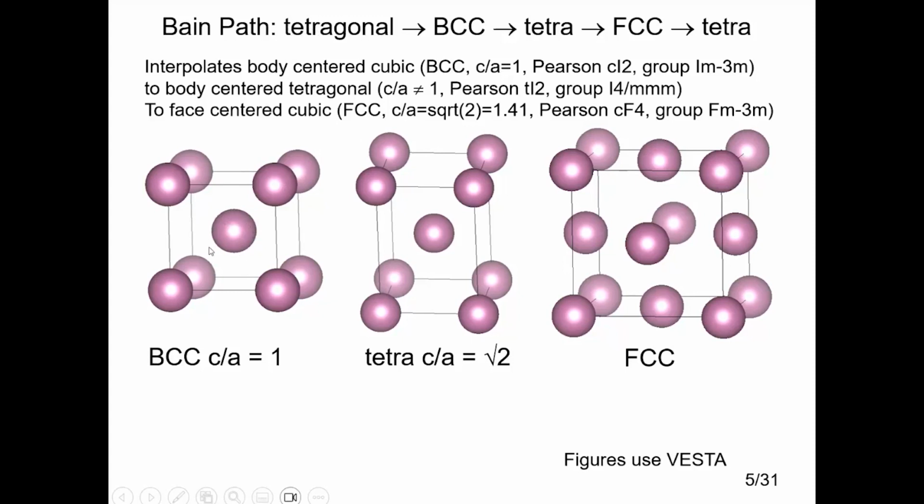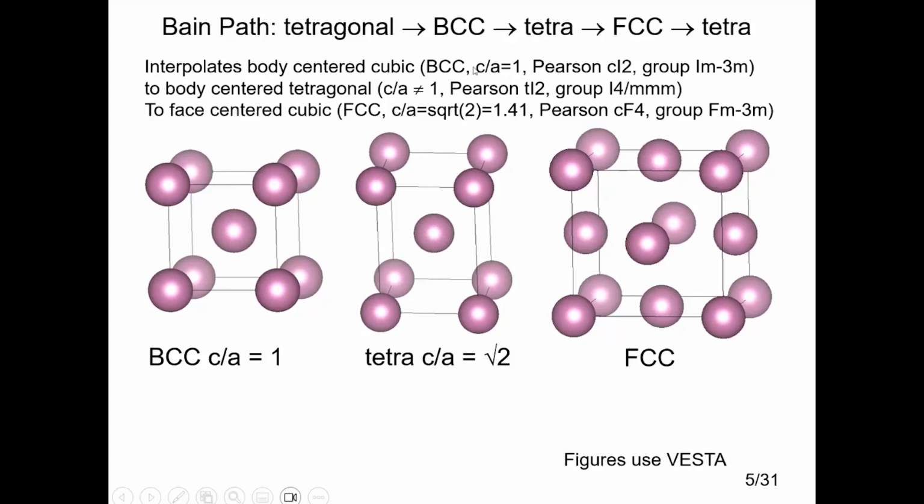Here we see cI2, body-centered cubic is cI2, c for cubic, 2 for 2 atoms per unit cell. If we stretch the body-centered cubic, we would get a tetragonal structure with c/a greater than 1. Here I've shown the special case of square root of 2.